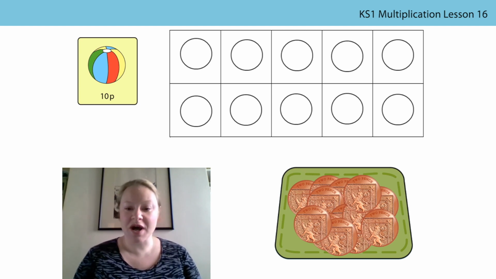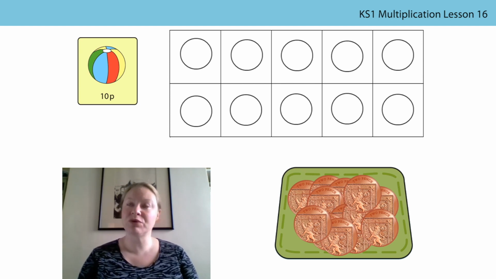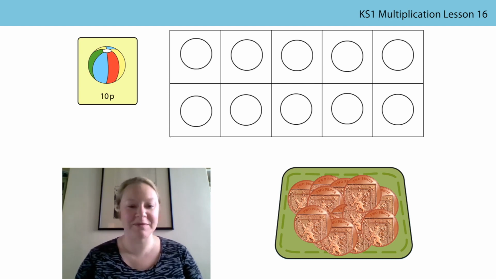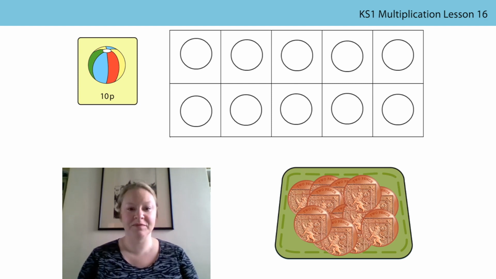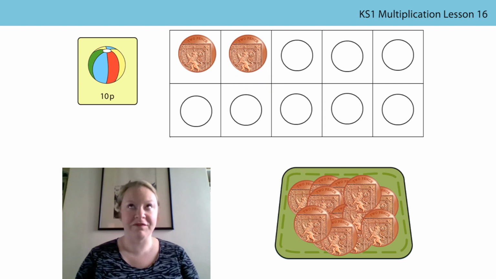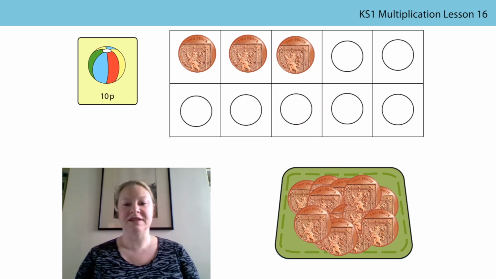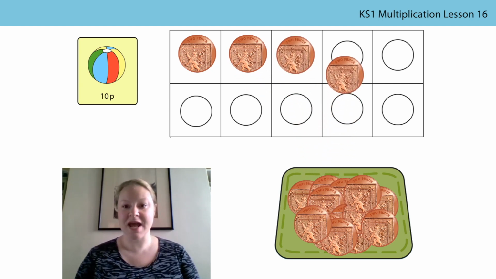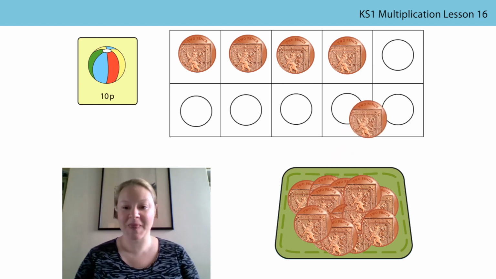Next, we're going to try and see if we can buy the ball with 2p coins. Okay, so we're going to count in multiples of 2. Ready? 2-pence, 4-pence, 6-pence, 8-pence, 10-pence.